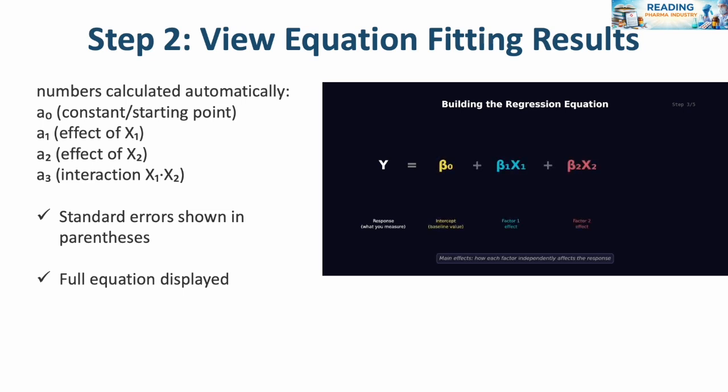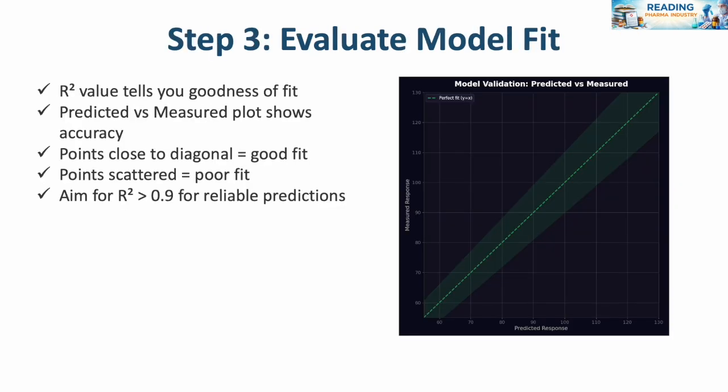And you can have a final term which represents the interaction of both of them, A3 or beta 3. That means the interaction between x1 and x2. So it could be A3 or beta 3 or A12 or beta 12. That means the same thing. The standard errors will be shown, and also you will have the full equation displayed. It's very important you understand the format of this equation.